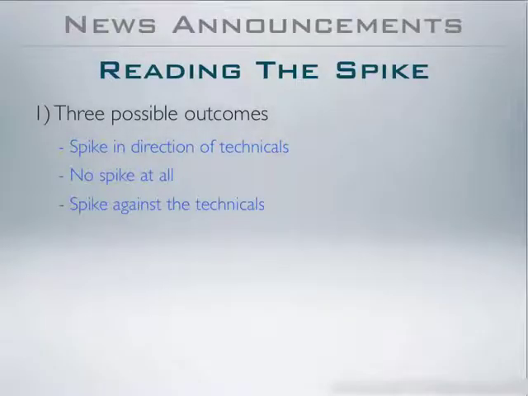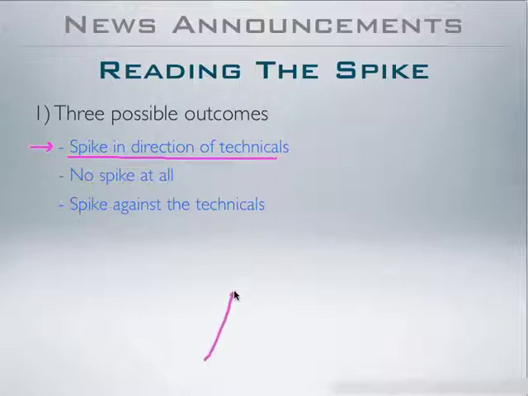Okay, let's refresh our minds on what we've seen so far. We saw that there are three possible ways in which a news announcement may affect our Forex chart. First of all, we can have price spiking in the direction of the technicals.